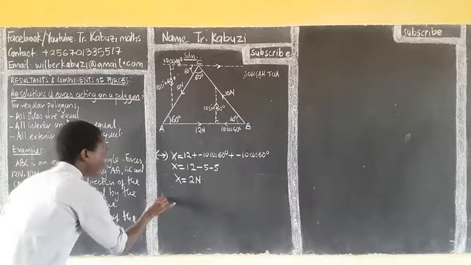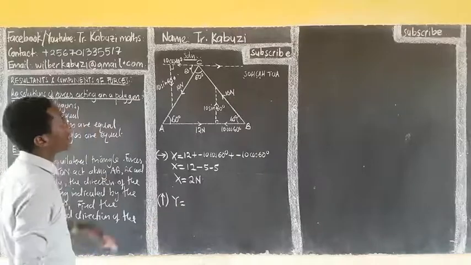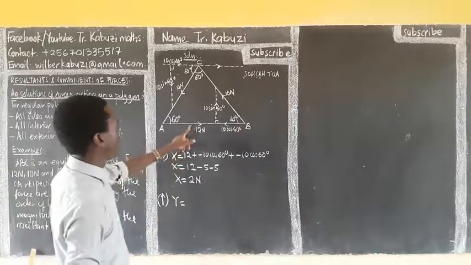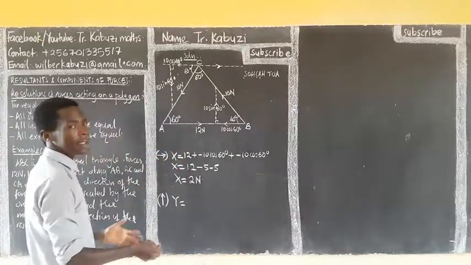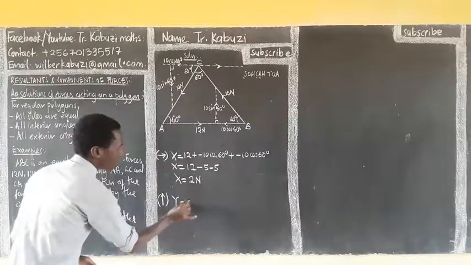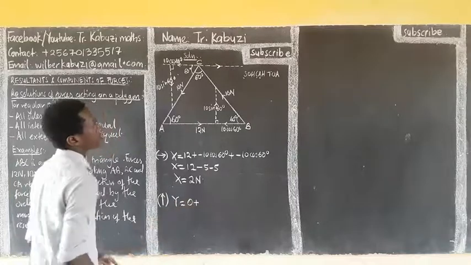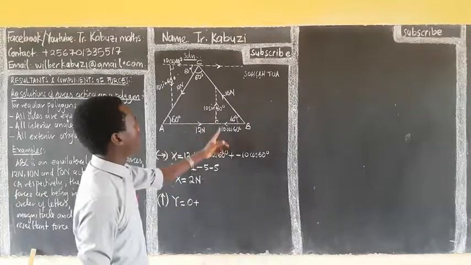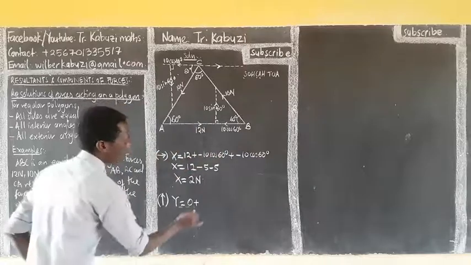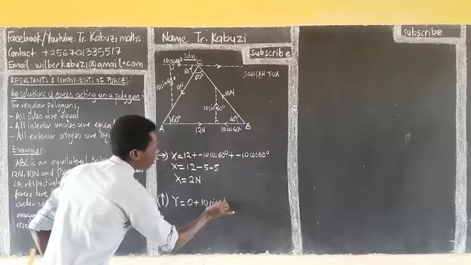Then when I solve vertically like this, my y is going to be vertical now. You see this one it's having 0, because whenever it's pure horizontal, its y component is going to be 0. Then plus, you see those which are going in that direction, we have this one, which is 10 sine 60 degrees.